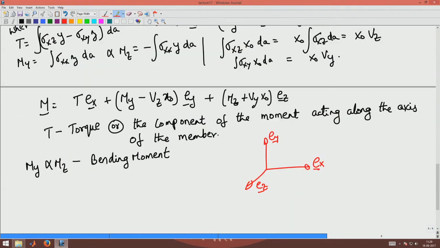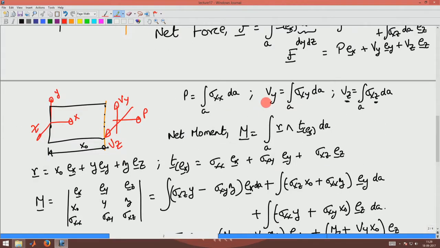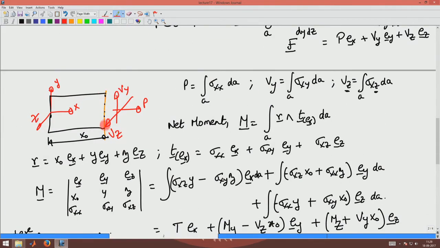So now then what are the terms Vz into x naught and Vy into x naught doing here? Basically, this is finding the moment only due to the cut surface here. I found the moment acting on this cut surface, wherein I have these forces plus now 3 moments acting on this cut surface. I will indicate the moments by double arrows.